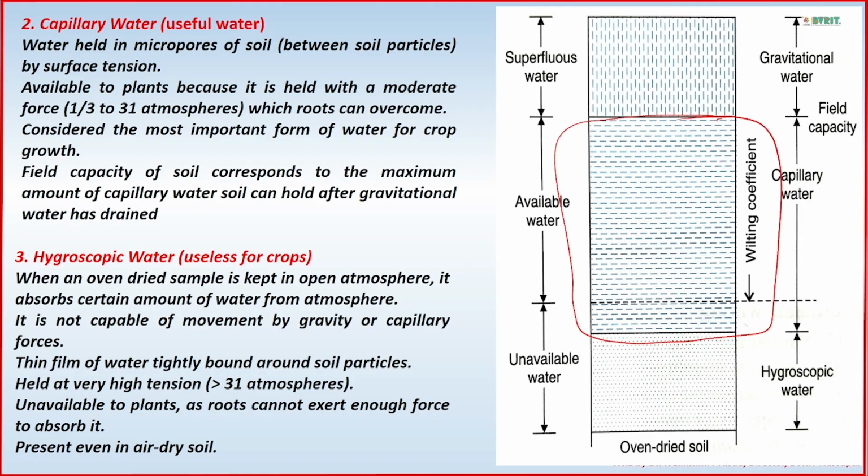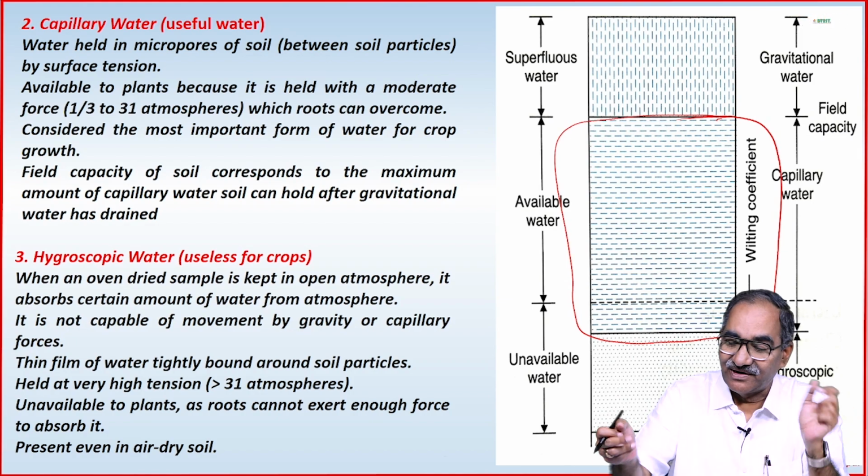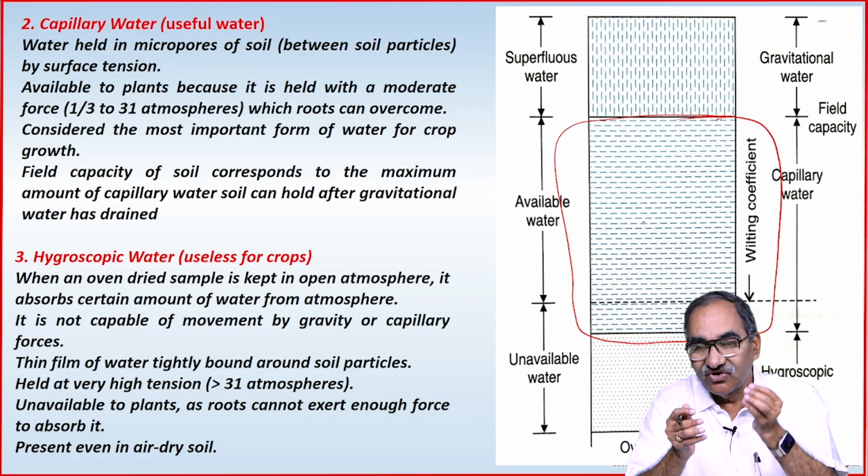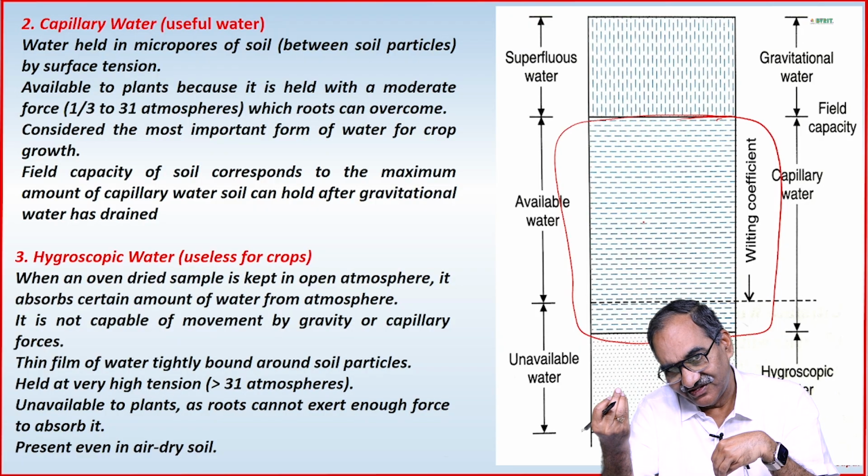So kindly remember, what does capillary water mean? By capillary action, the water that is held in the pores of the soil because of the surface tension force is what we call capillary water. In this zone, both water and air are present. Kindly remember, whereas in the upper zone it is only freely draining water, in this zone air is there and water is there.